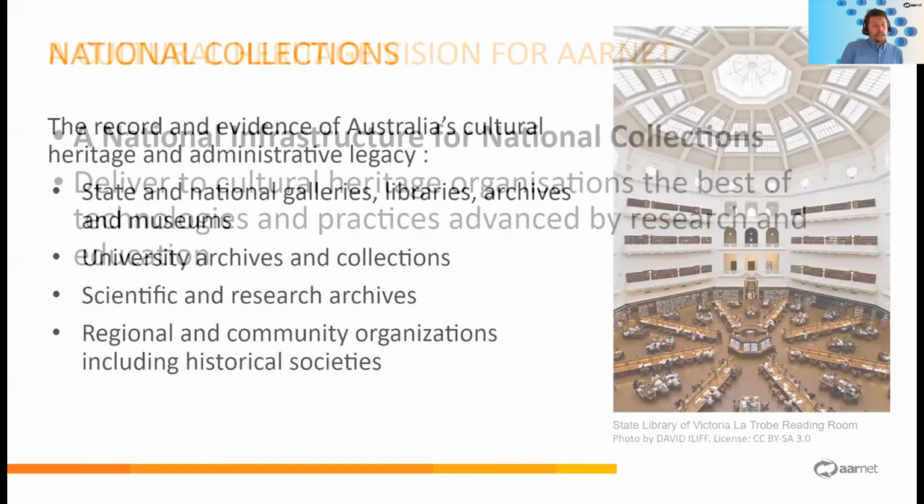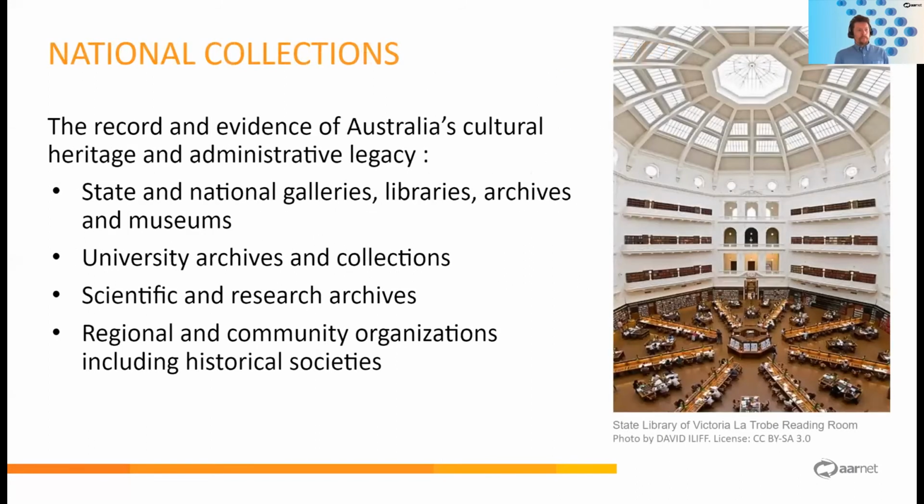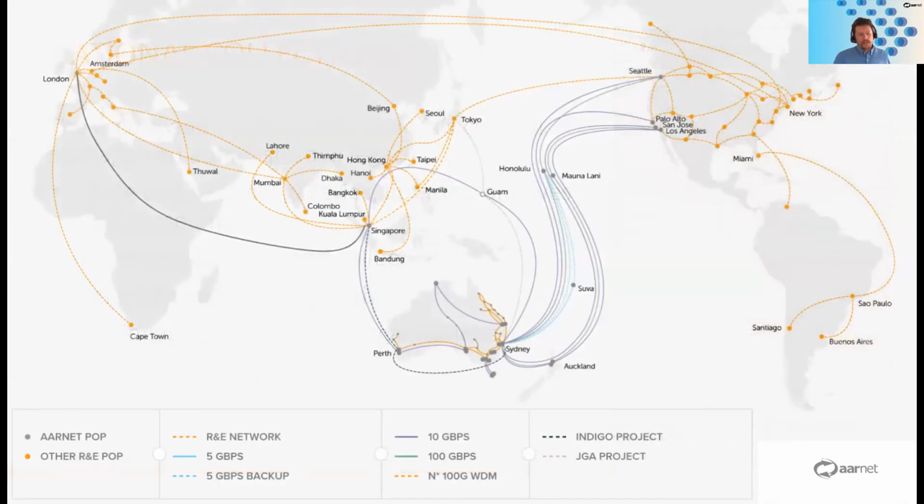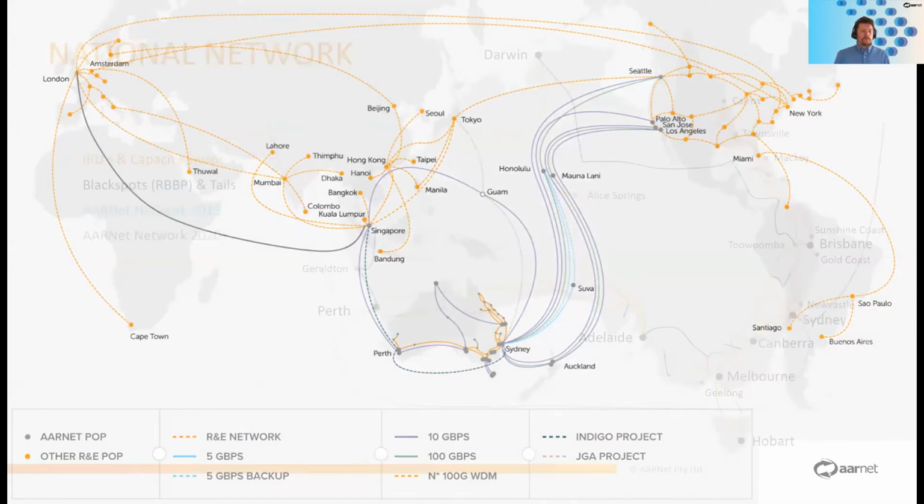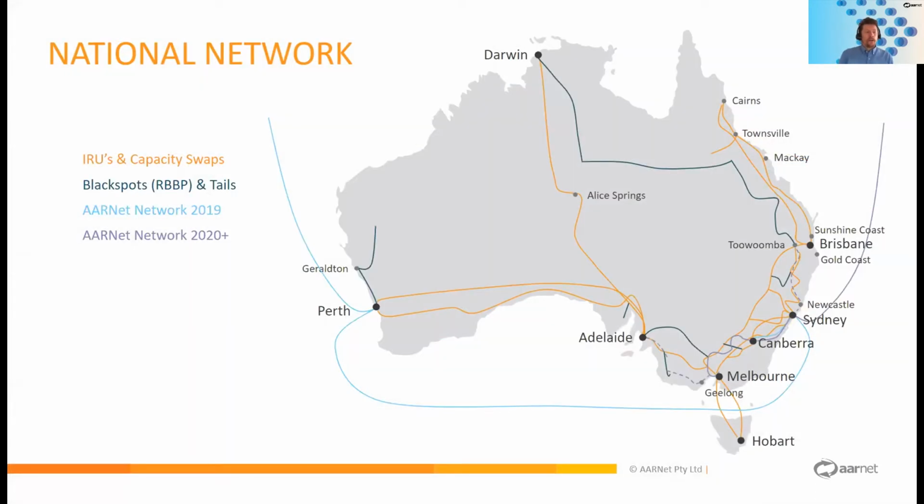So we include within our GLAM organisations that are connected to AARNet some of the university and research organisation archives and collections as well. We are a national research and education network which interconnects with others across the world. Our main operation is the high-speed fibre optic network that connects organisations across Australia.